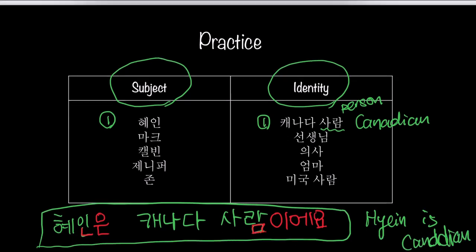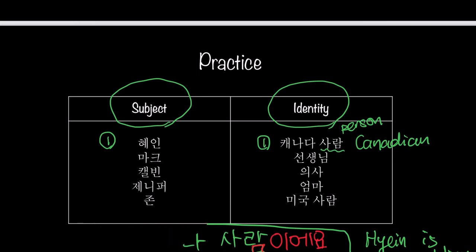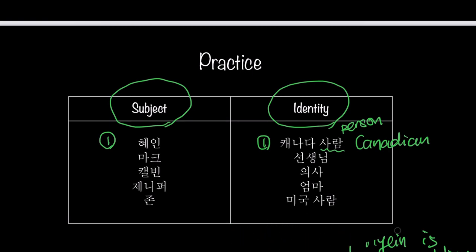All right, what about the second sentence? We have 마크, and then we have the identity word, 선생님. How do we put that into a sentence? How do we say Mark is a teacher? Let's go back.